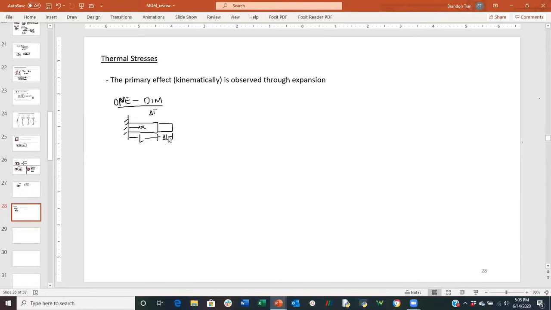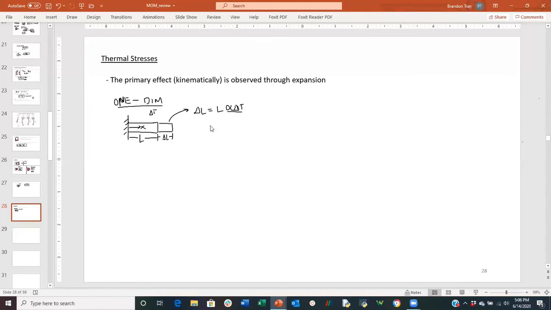And you guys probably remember this from your mechanics of materials. That delta L there will be equivalent to L times alpha times delta T, where alpha here is the thermal coefficient of expansion and delta T here is the change in temperature. And this quantity right here is usually a constant.